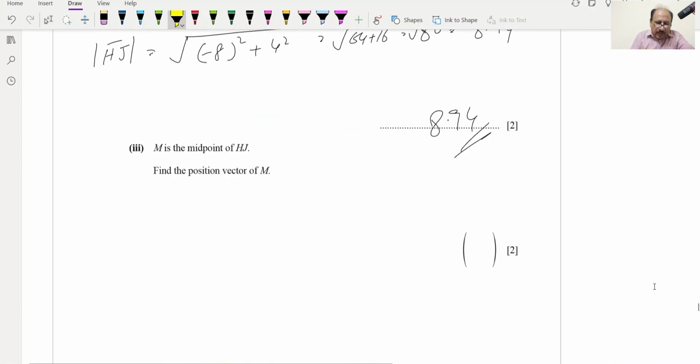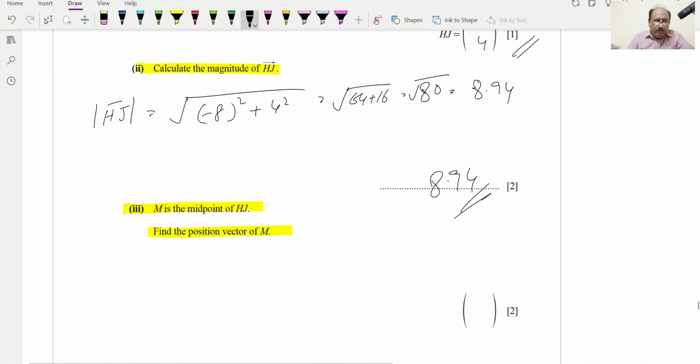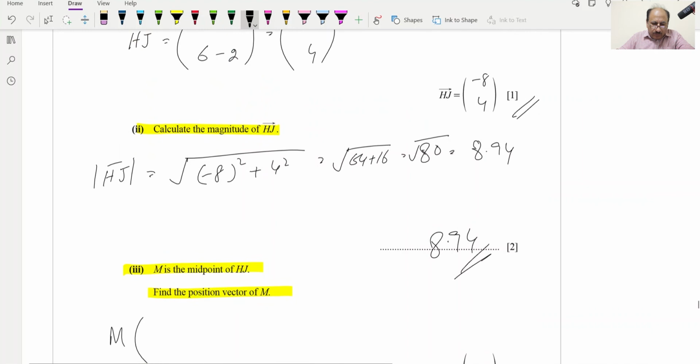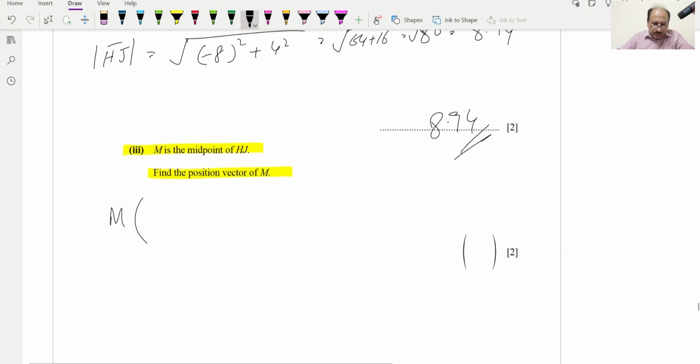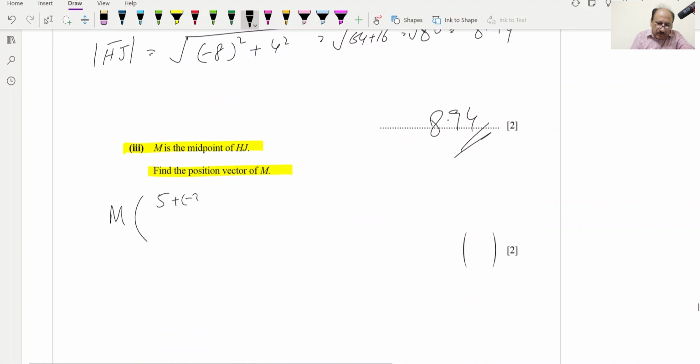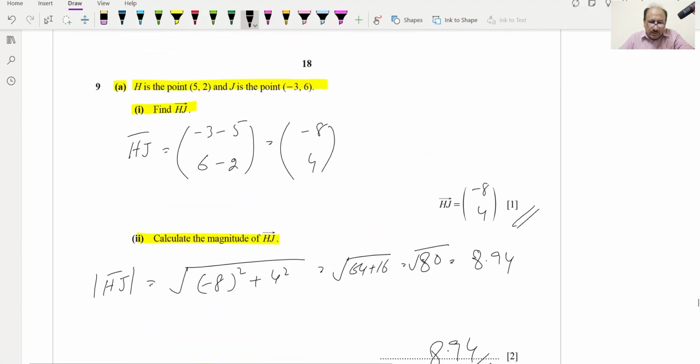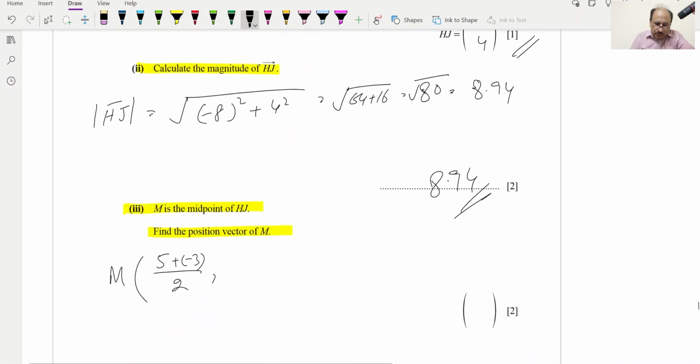Then they're saying M is the midpoint of HJ and find the position vector of M. So the position vector of M is required. M is the midpoint. So first of all, we'll find the midpoint, and the midpoint of HJ will be 5 plus minus 3 by 2, and the second coordinate will be 2 plus 6 over 2, and this will be equal to 1 and 4.